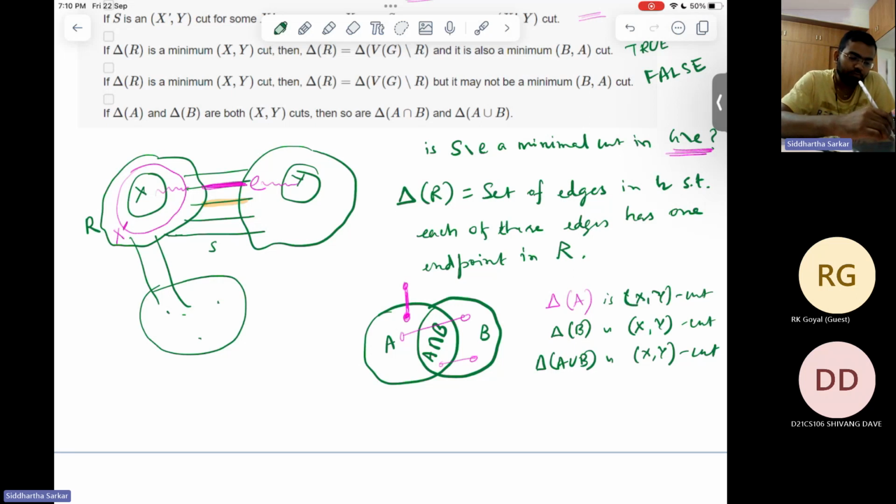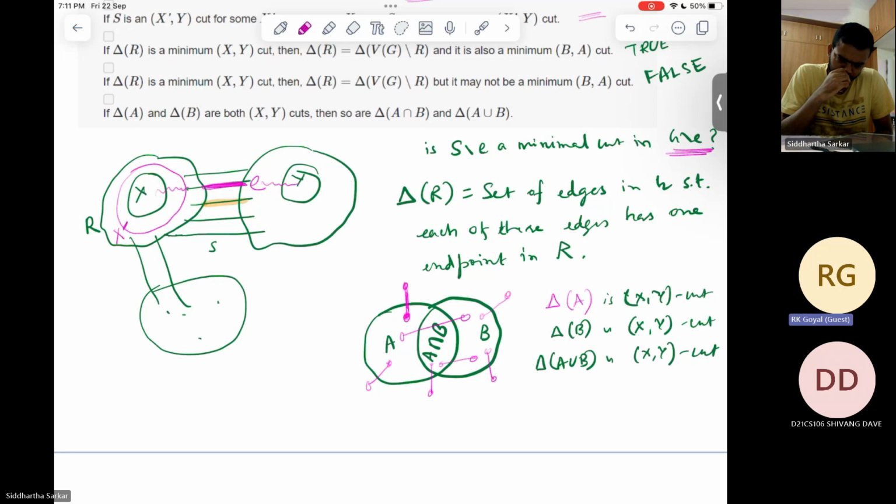What are the types of edges out of A union B? Anything between A and B is not allowed. So these kinds of edges out of B or out of A or out of A intersection B, right? So you are saying that delta of A union B is immediately an XY cut for you. How do you justify that?